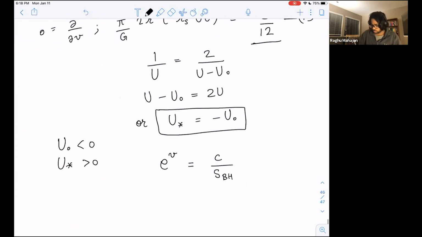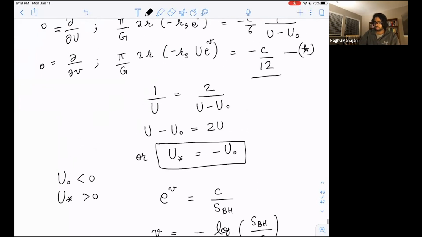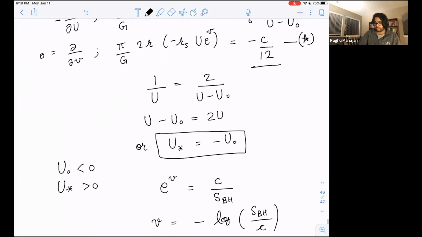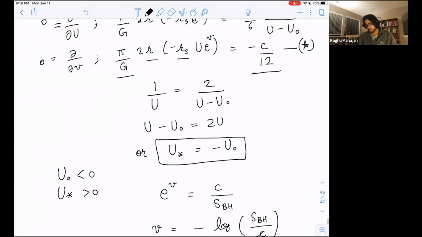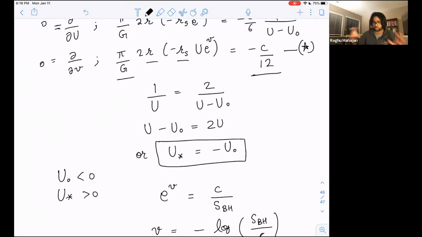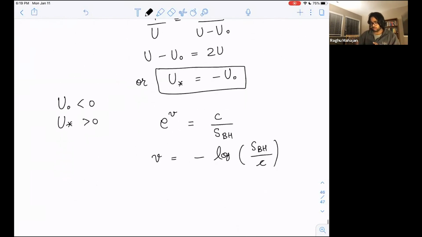So v is of the order negative log of S black hole over c. Why did I write S black hole? Because the entropy of the black hole is r squared over G. So we have r squared over G, and that's why there's a factor of S black hole, and u was just u naught. All those factors combine, and you get this order of magnitude estimate.